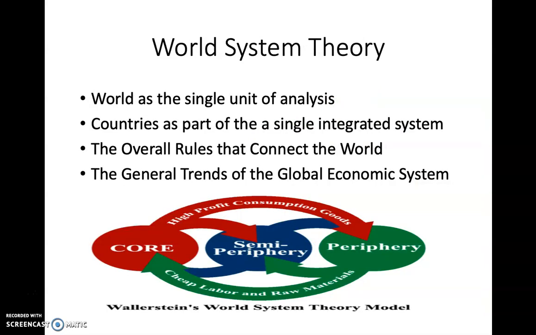The first one is the world system theory. I have already mentioned some basics of it. It studies the world as a single unit, and countries are part of an integrated system. This whole system has its own rules, and those rules determine how countries behave.